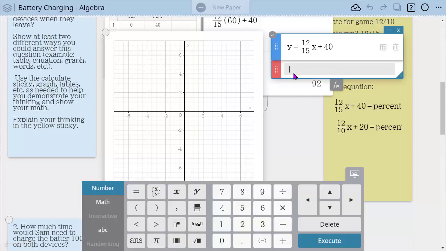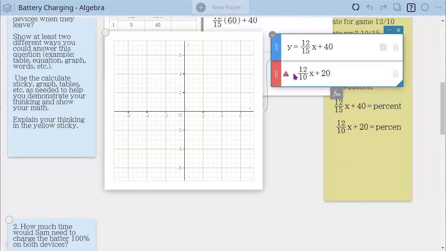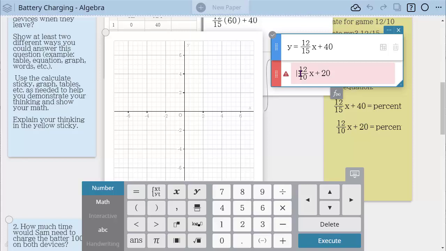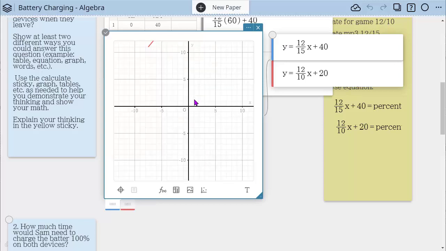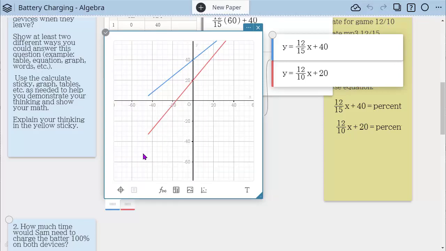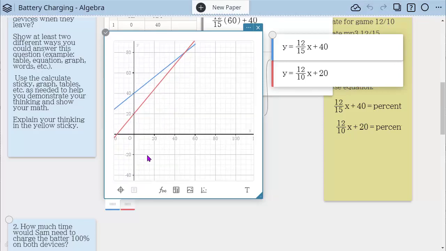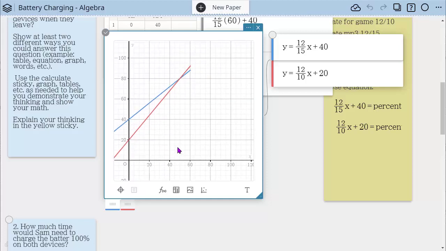And so the whole idea here is they're learning how to represent their thinking in multiple ways and show their solutions in multiple ways to verify what they're thinking. Whoops, we forgot Y equals. So notice I don't see anything in the graph. That's because I haven't zoomed in. So let's zoom so that we can see the graph, because obviously we start at 0. So let's move it down there.